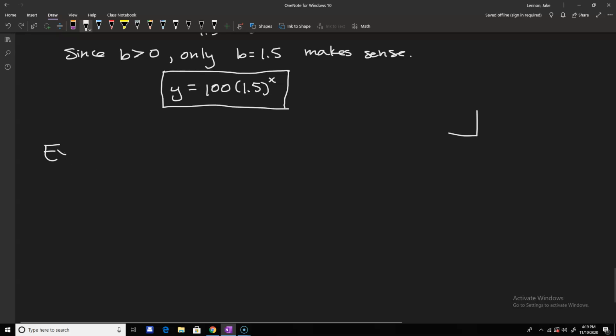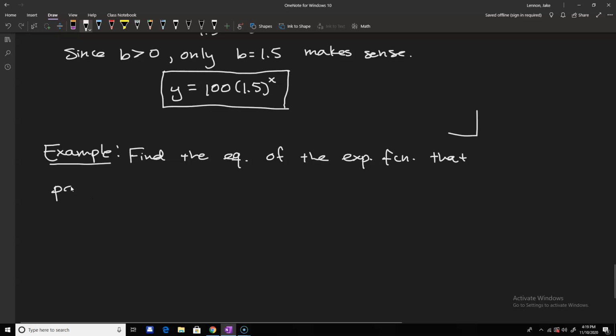So example, find the equation, same instructions here, of the exponential function that passes through (1, 400) and (4, 204.8). And I'm kind of picking these so that they come out nicely.